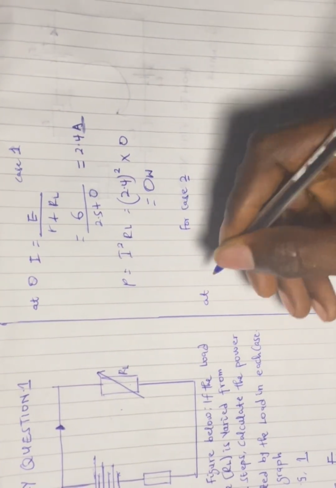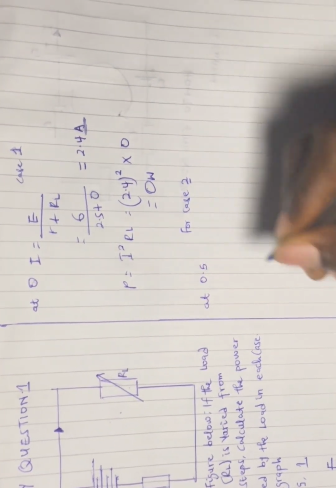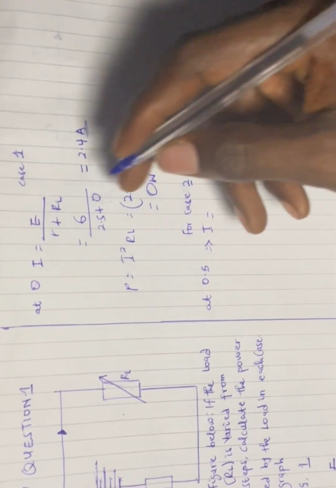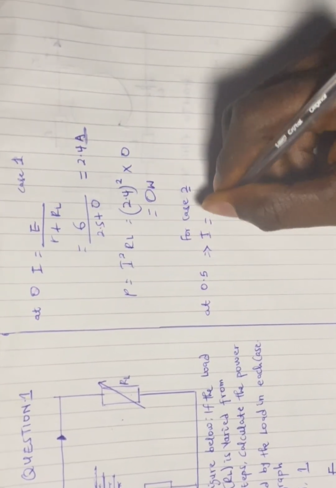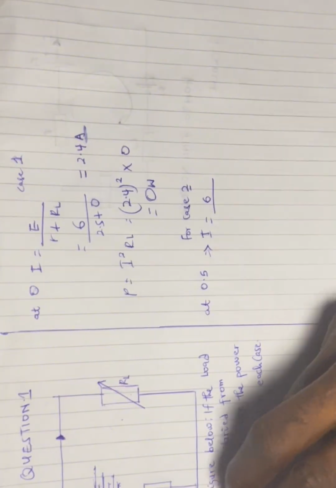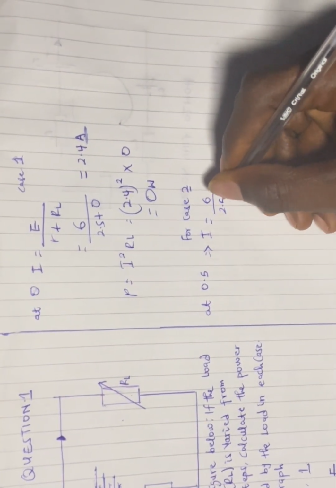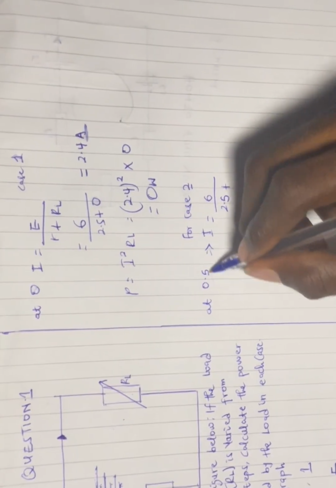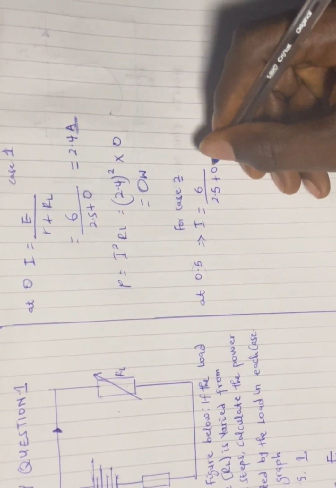at 0.5, I will be equal to your voltage, that's 6 over your internal resistance 2.5 plus your load resistance, which is 0.5.